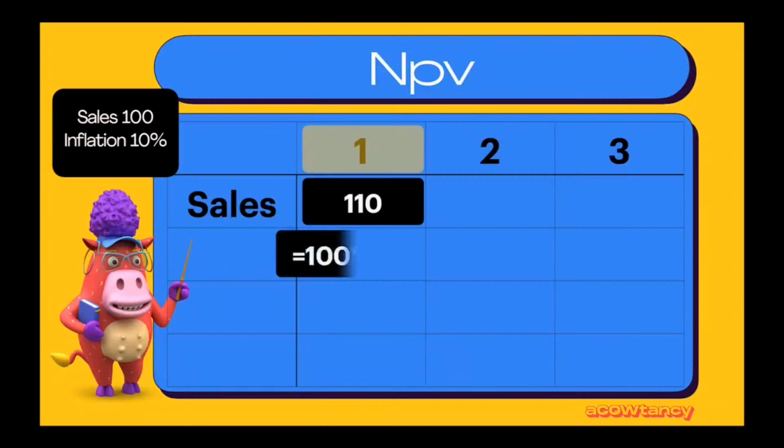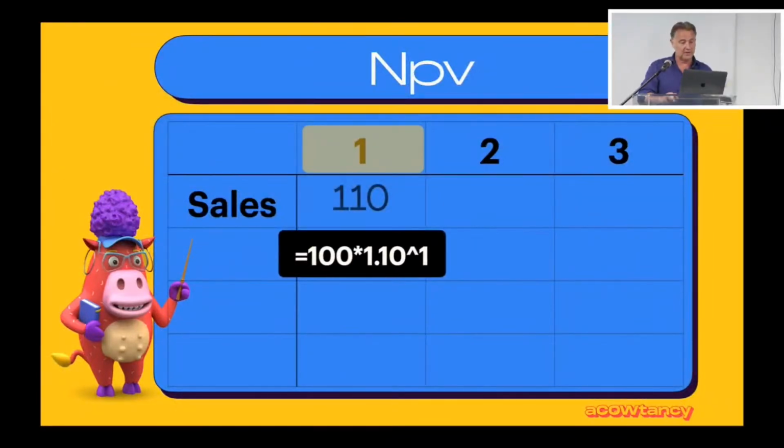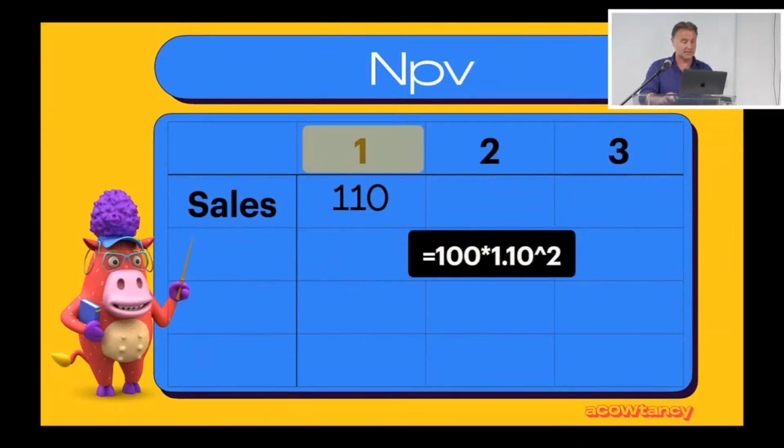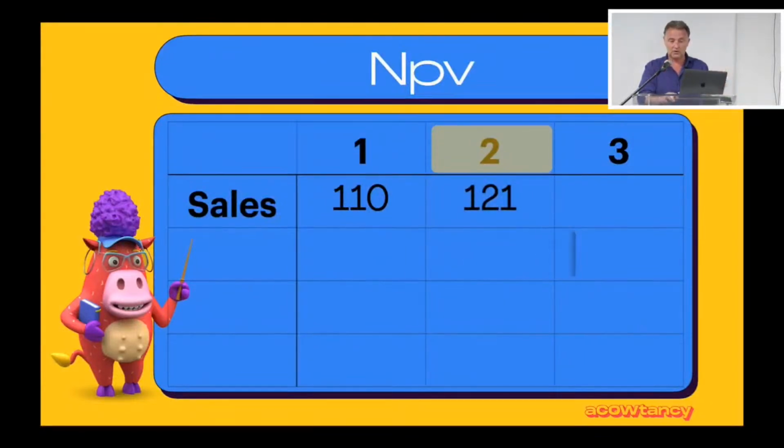In the formula box, I'll have written 100 times by the inflation rate to the power of that cell. Once you've done that, you copy, paste it into year 2, and that number 2 there will just automatically happen, and year 3 will automatically happen.